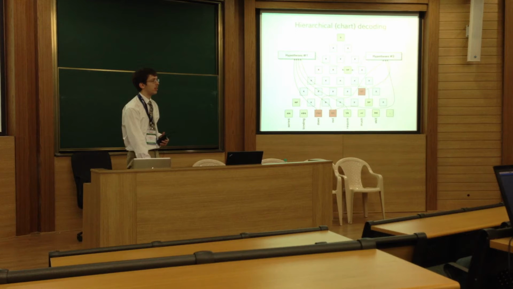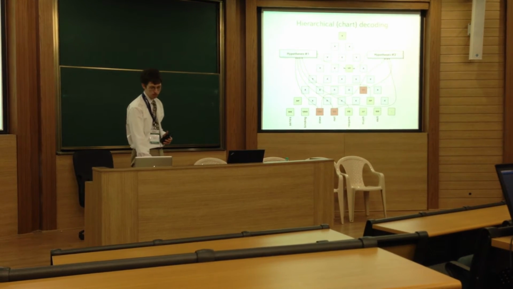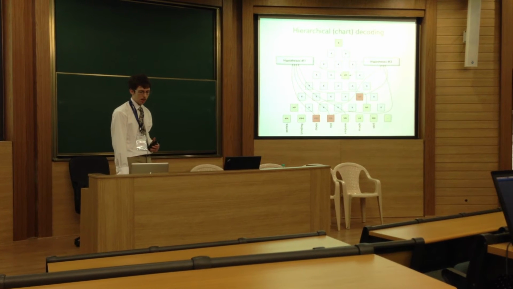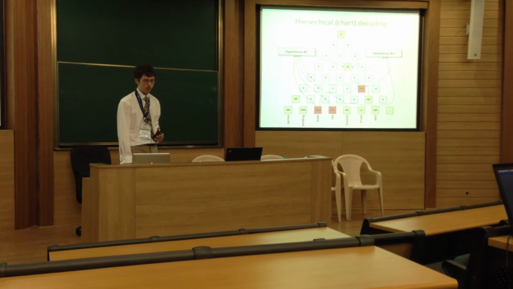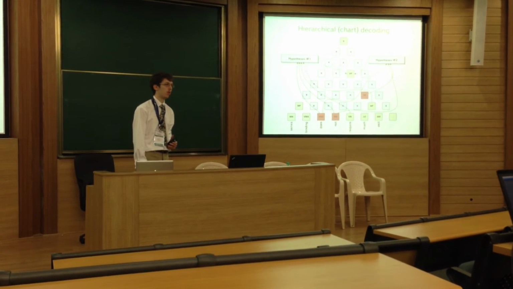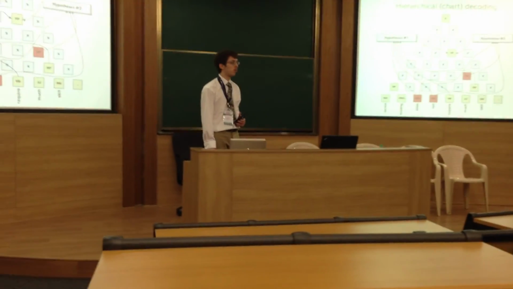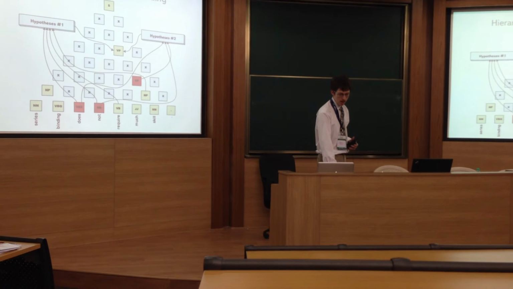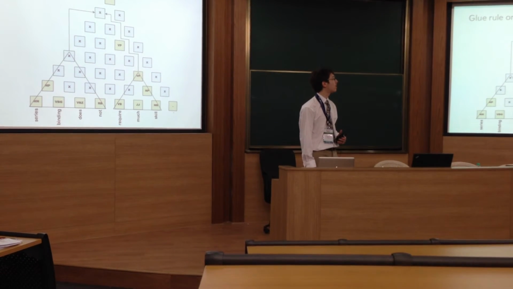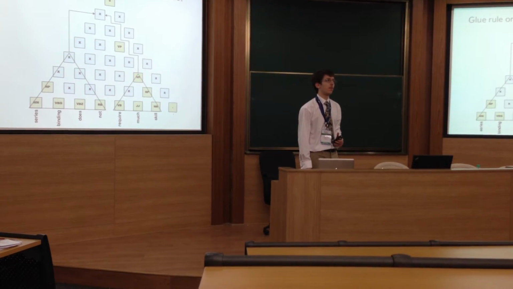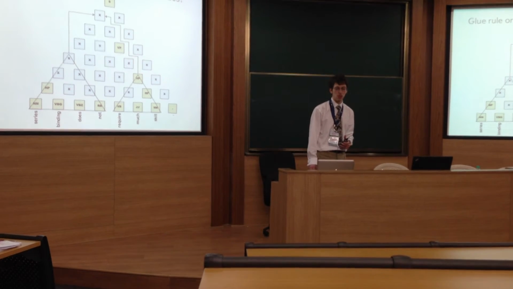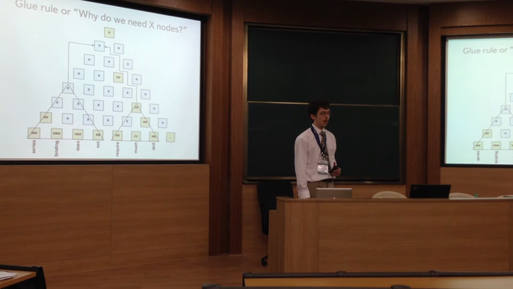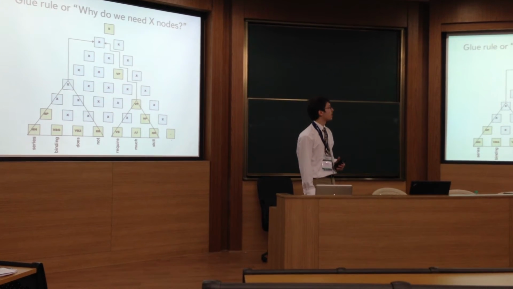Now you may already have a question: why do we need all those X nodes here? The reason is that sometimes you can't generate the reordering of a sentence just using the rules you have extracted. If you haven't encountered something, then you will need something else. That's normally called the glue rule. What it does is glue 2 spans together without reordering. So that's kind of an example.